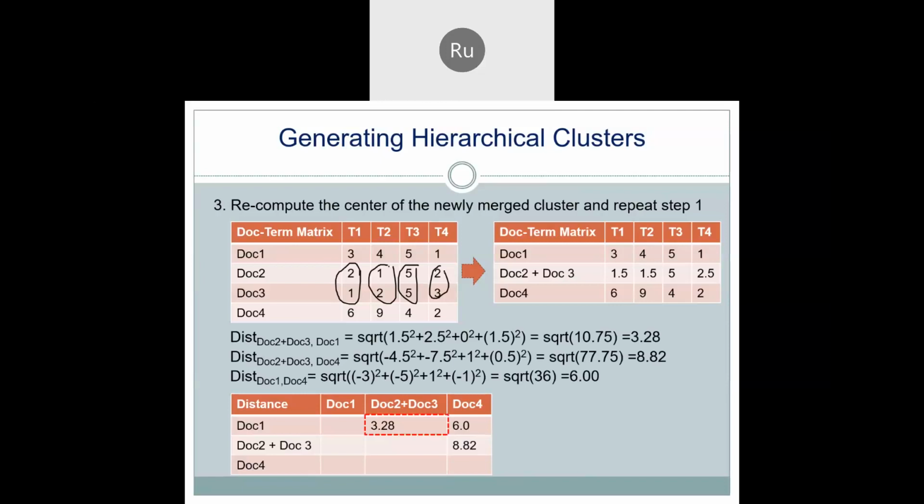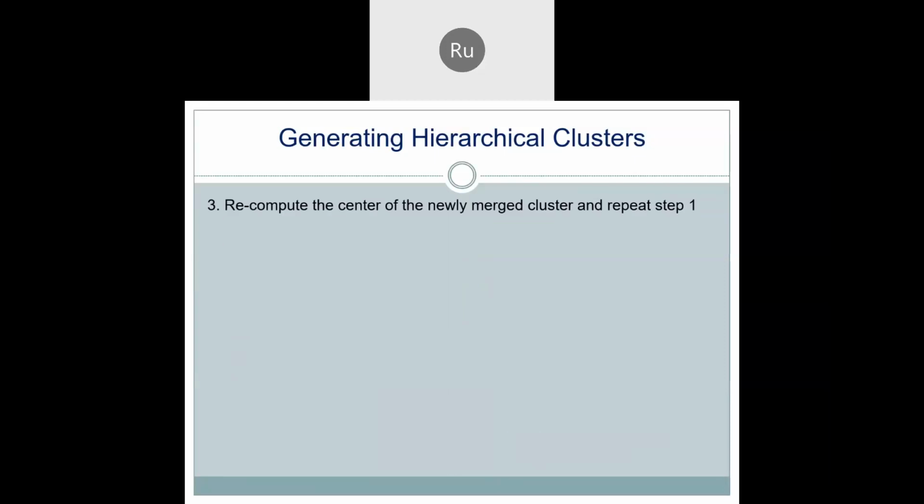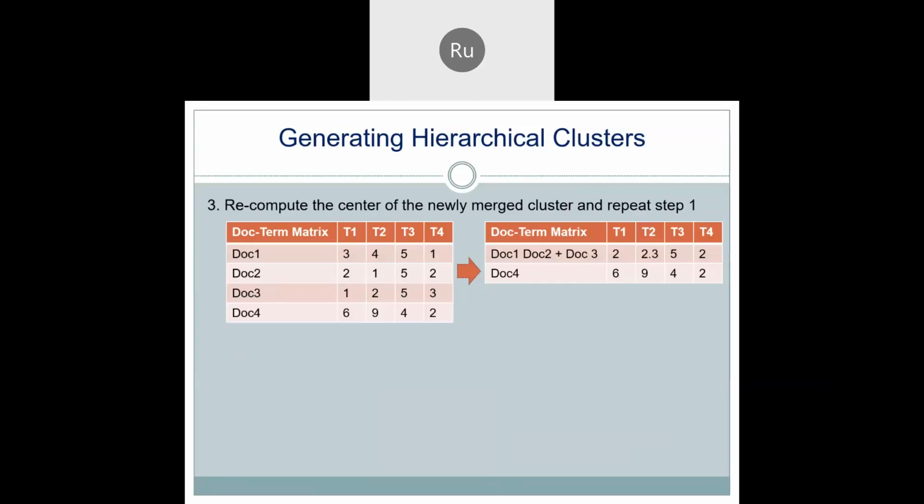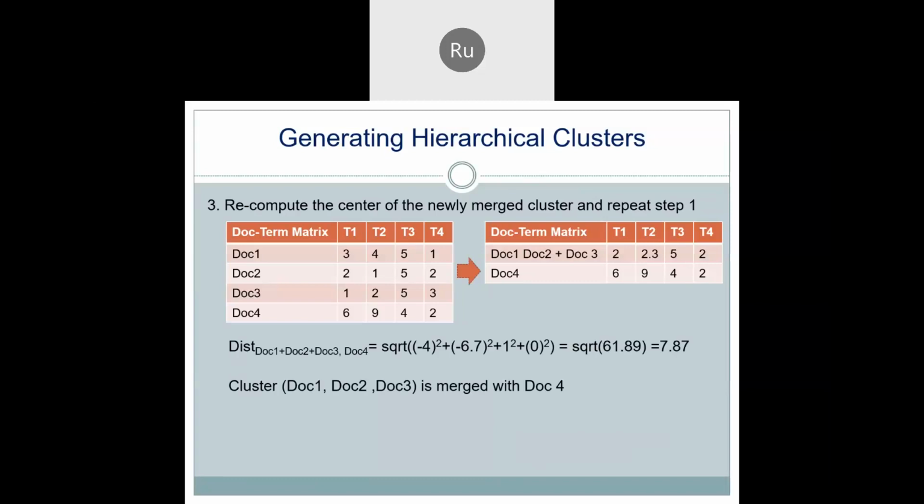So we will combine this. Documents 2 and 3 will be merged with document 1. So now we have the new center there. Then lastly, we merge.